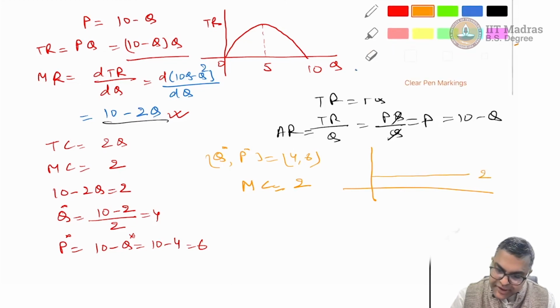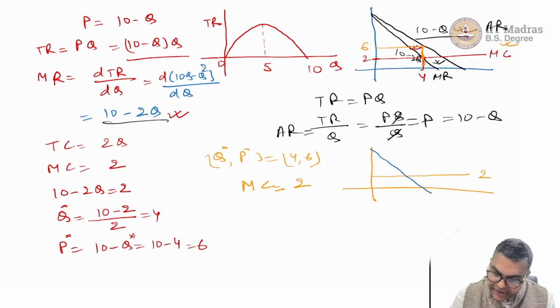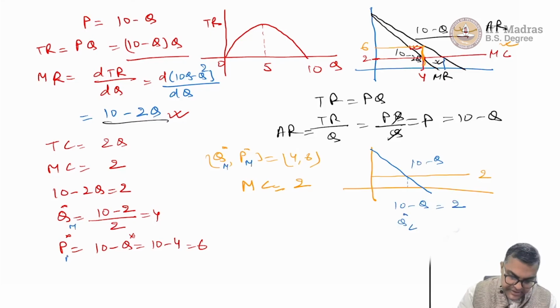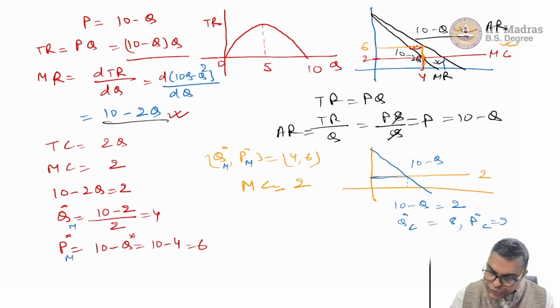And how much is the market demand? Market demand is coming out to be 10 minus Q. So what would be the competitive quantity? Competitive quantity is going to be 10 minus Q equal to 2. So we can say Q star C, and we can put here M to indicate that the earlier optimum is for the monopolist. Q star C is 8, and if Q star C is 8, P star C is simply going to be equal to 2.